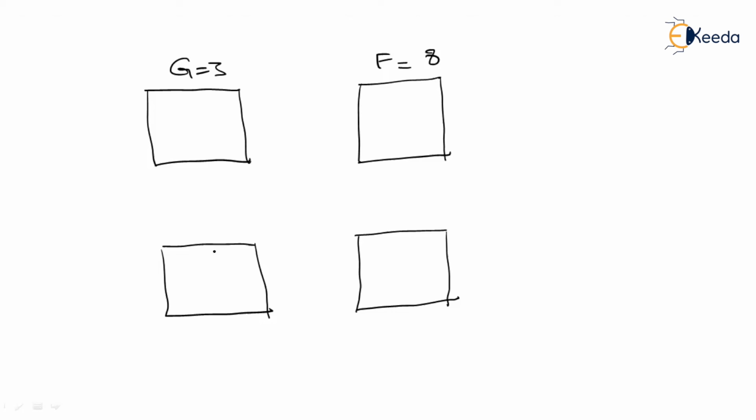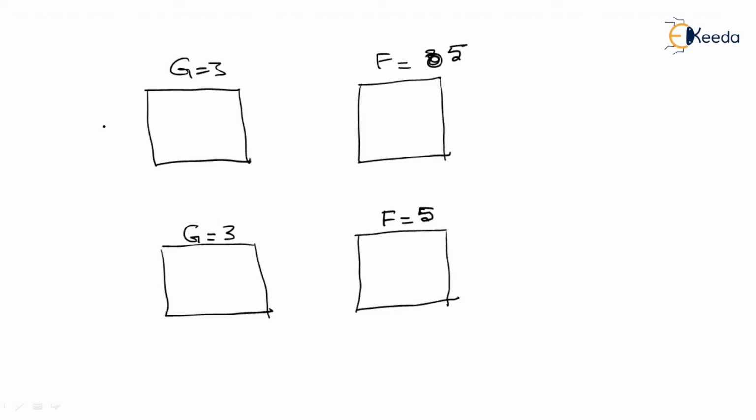Same replicas of G and F are available within the same system. So there is another instance of G, which also takes 3 clock cycles, and another instance of F, which also takes, sorry, 5 clock cycles, right? Now you can clearly see all these can operate in parallel.